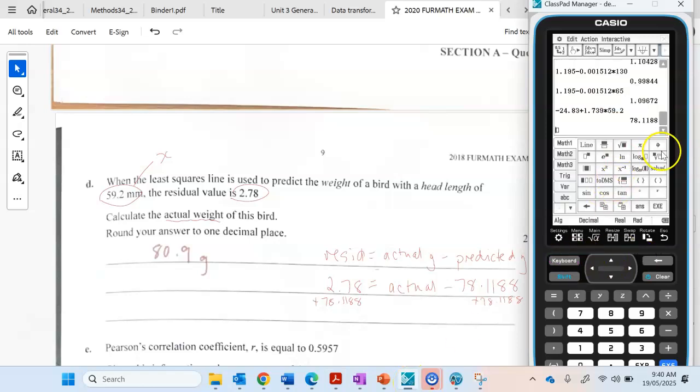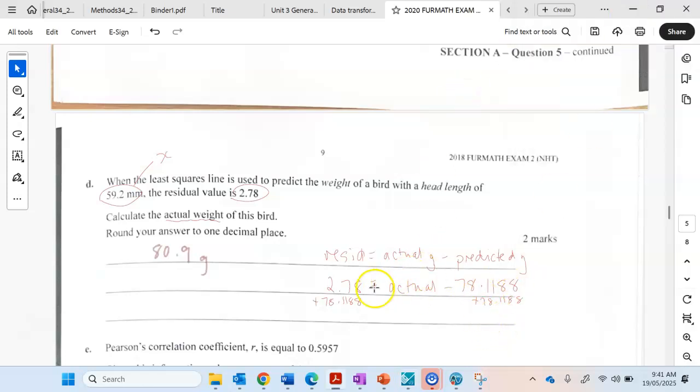Keyboard, solve, then 2.78 equals x for actual minus 78.1188, comma x, and rounded to 1 decimal place, you can see that. But you could also just solve it by hand, 2.78 plus 78.1188, and you get the same answer. I would just use solve.